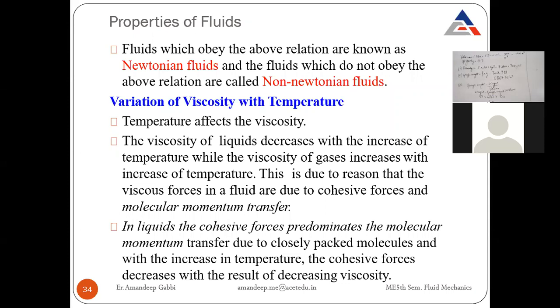Now variation of viscosity with temperature. What is the effect of temperature on viscosity? If you talk about liquids, the viscosity of liquid decreases with the increase in temperature. When you heat some liquid, the thickness of that fluid gets decreased. As thickness decreases, the viscosity also decreases.